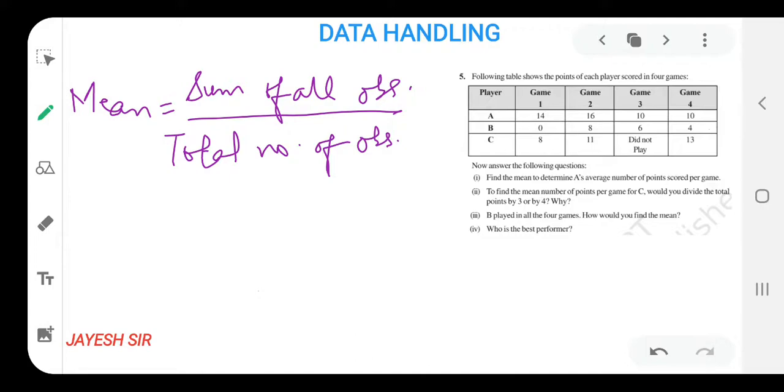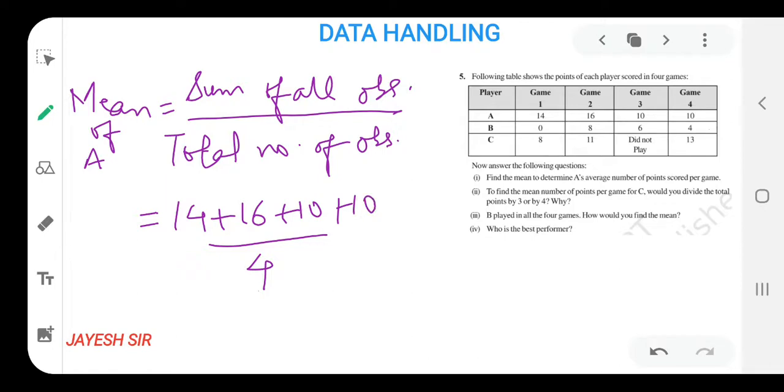That means we need to find the mean of A. Same thing we should write over here, that's why I am leaving the space. Number of observations: how many games has he played? He has played 4 games, and the points for the 4 games are given over here: 14, 16, 10 plus 10.